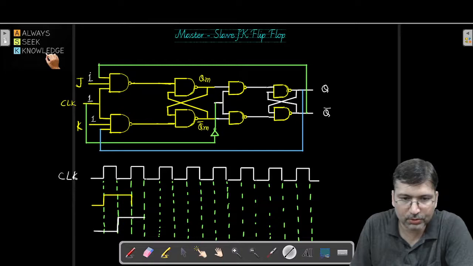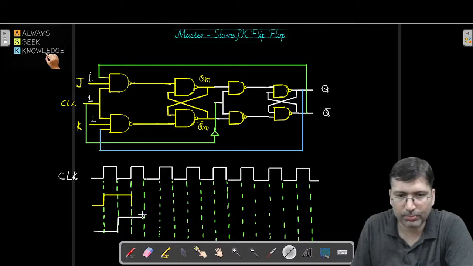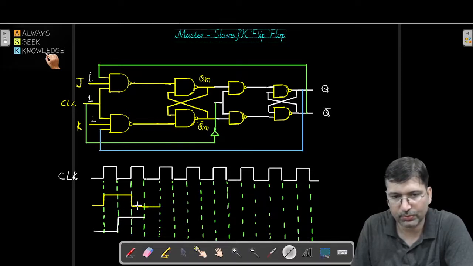Once it will become 0, it will come to this point, and because the clock keeps on high, it will maintain this. And after this, once the clock is becoming low, because the circuit will not be functional, it will preserve the previous state, so it will remain 0 till now.